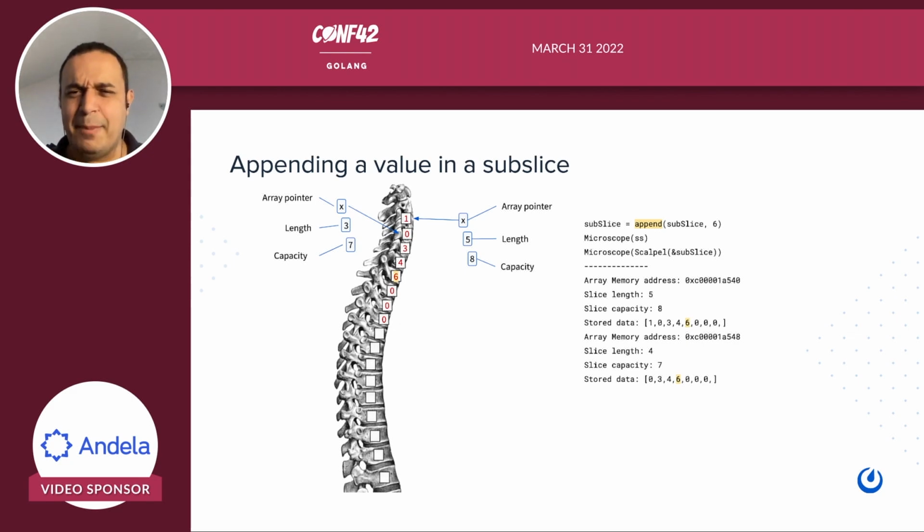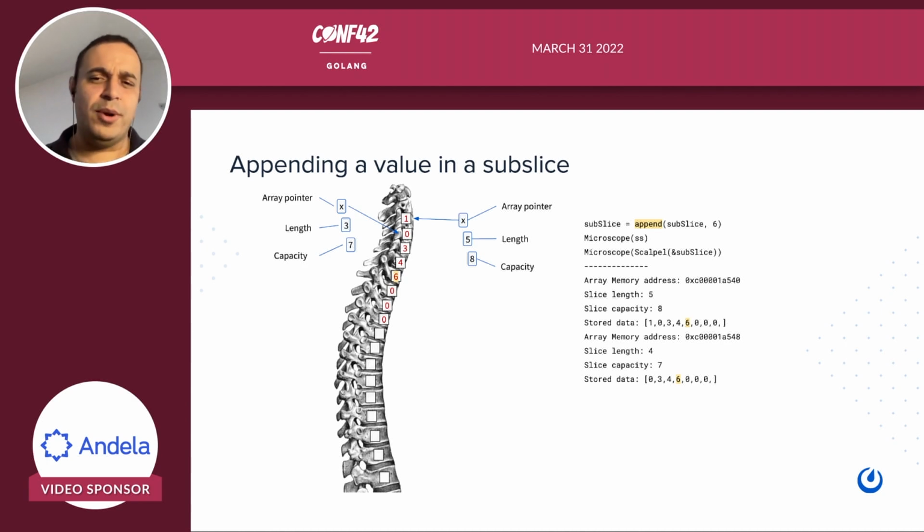Okay, what happens if I append something? That is even more interesting. I'm appending the value 6 to the subslice, but the subslice was from position 1 to position 4. It is just 3 elements, and I'm adding a 4th element at the end. But the end of the subslice is not the end of the original slice.